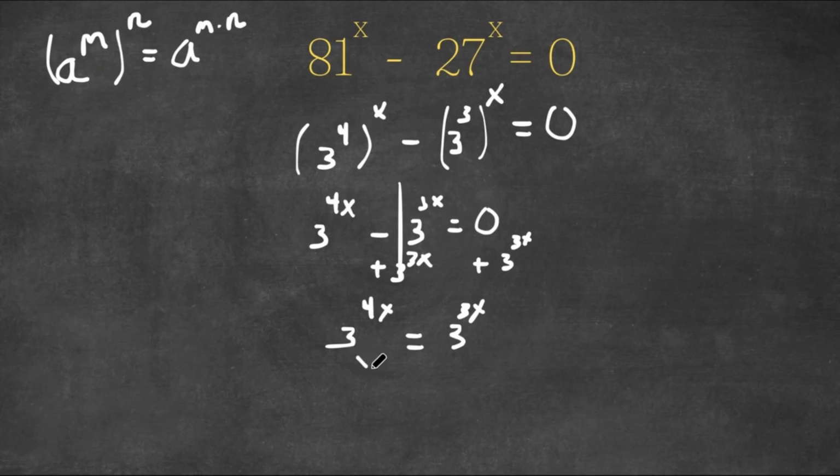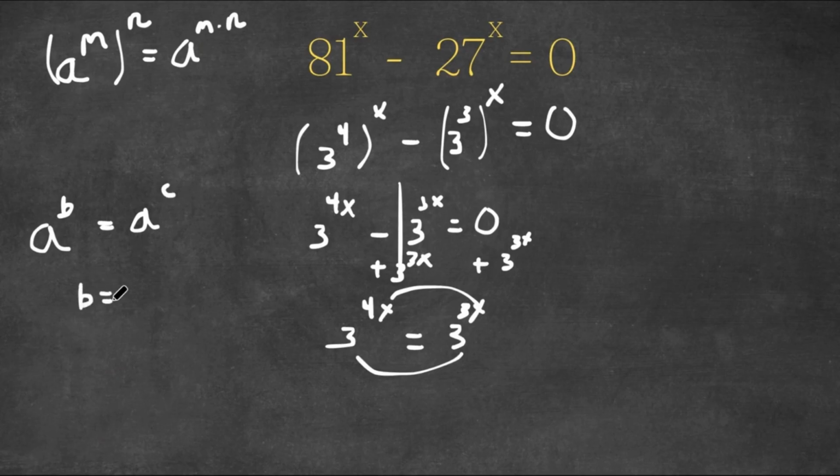Now, because these two bases are the same, this also means that the exponents here are the same as well. Because if we have a to the power of b equals a to the power of c, this means that b is equal to c. Meaning 4x is equal to 3x.